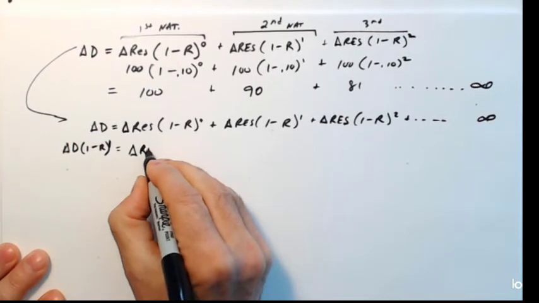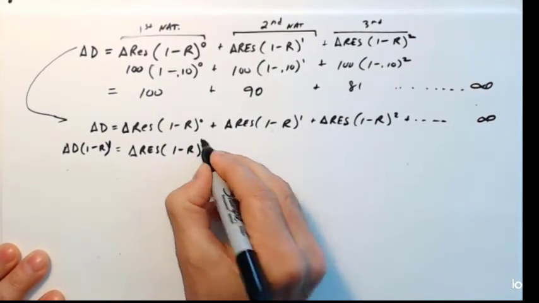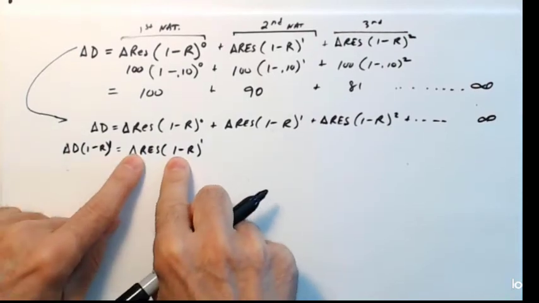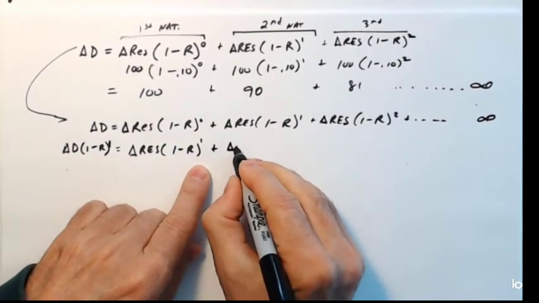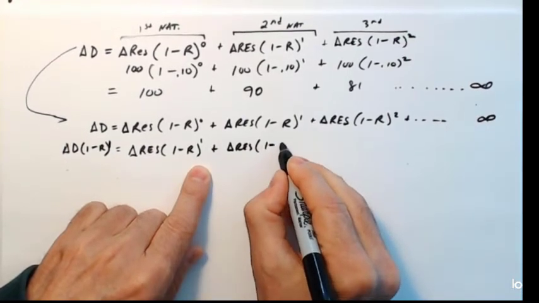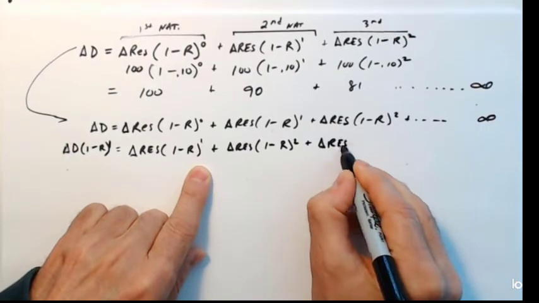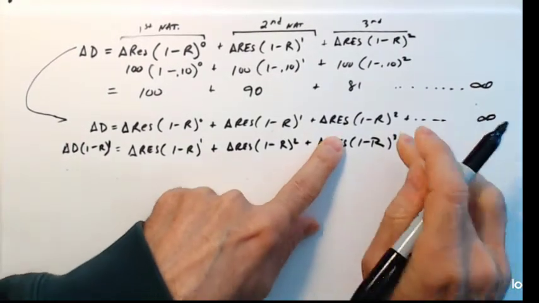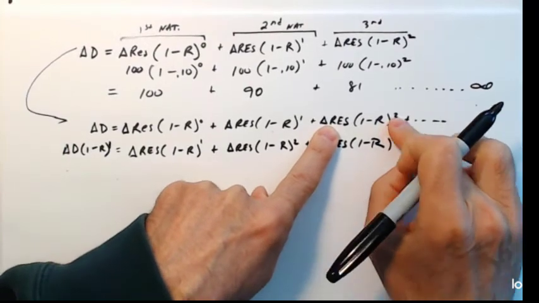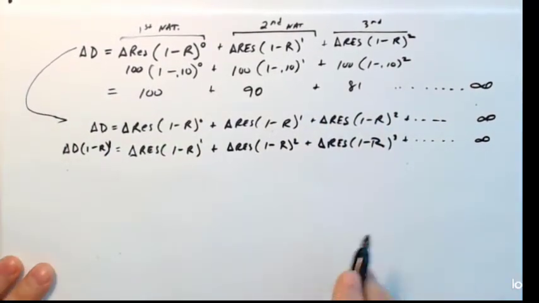So delta res times 1 minus r makes it to the 1 power. And then we're going to multiply this by 1 minus r, and this is 1 minus r squared. And this is cubed, because we're going to take this and multiply it by 1 minus r. And we do that all the way to infinity. Let's assume we do that to infinity.